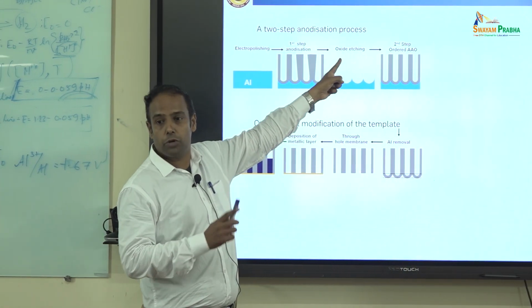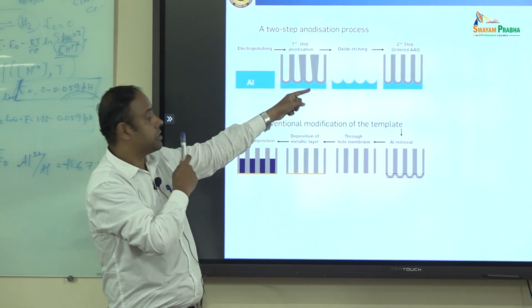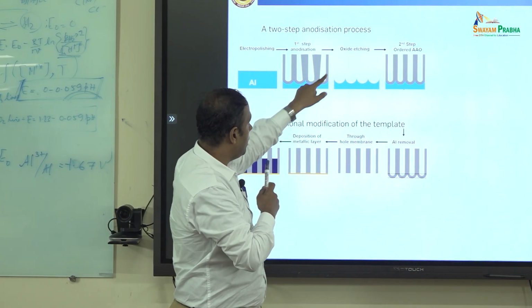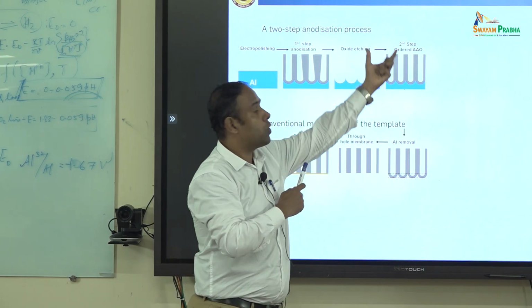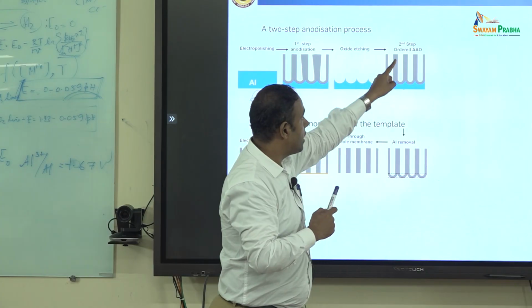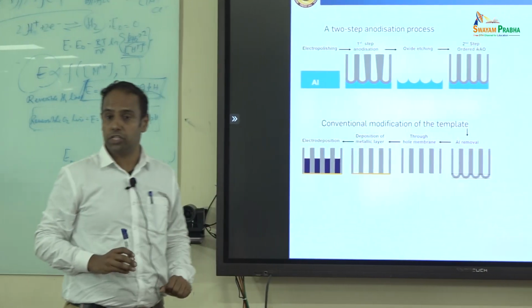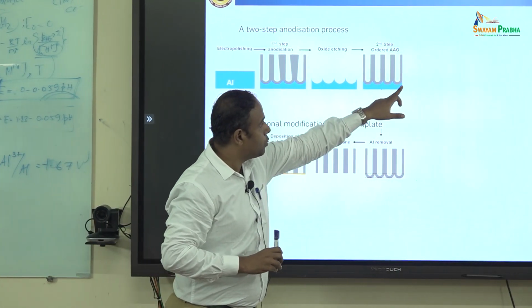We would have used a solution which is either at basic pH or at acidic pH. We used etching conditions. We removed only the oxide, and aluminum remains with these marks, and we again applied a potential to grow the oxide. It got into an ordered channel of nanoporous material. In conventional practice, what people used to do is, after this step, they will remove this blue aluminum.